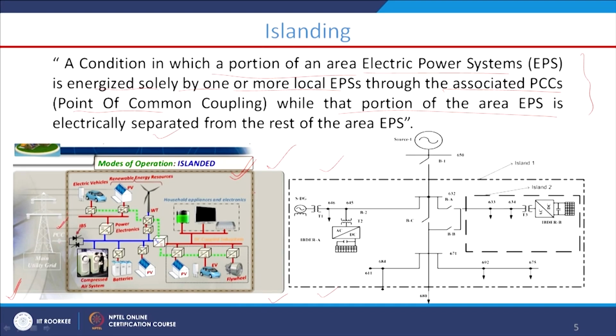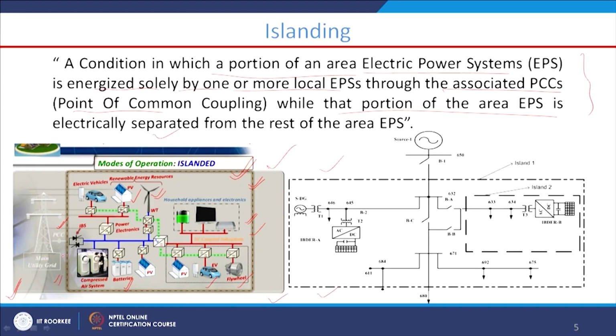In this microgrid system, we have wind, PV, that is photovoltaic or solar system, and batteries for storage purposes, and also EV, electric vehicle, and flywheel for storage, and of course household appliances like consumer loads. Together, this network is known as the microgrid, and it is connected to the main grid through this point of common coupling.